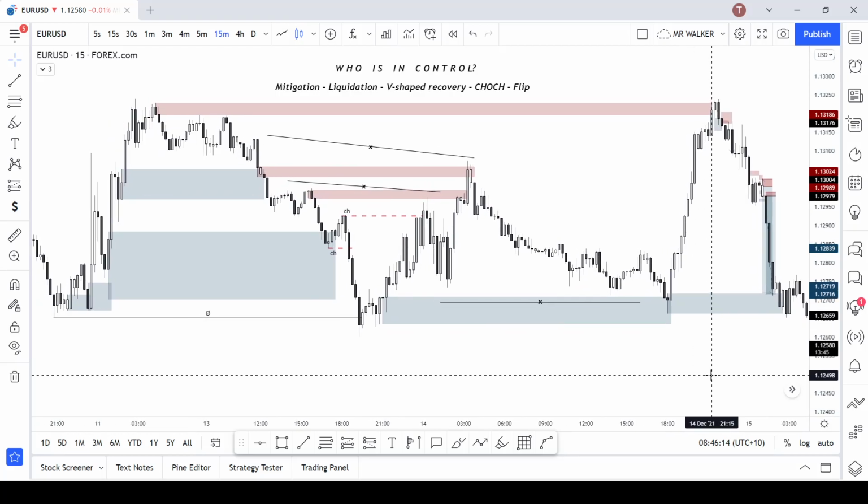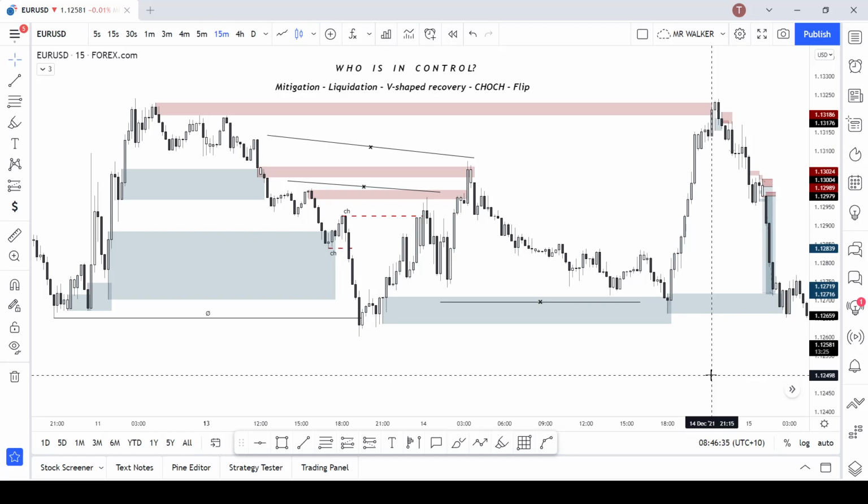For me, I have three main criteria that I'm looking at when I'm marking out my order blocks. The first one is, did the order block or supply and demand take liquidity?